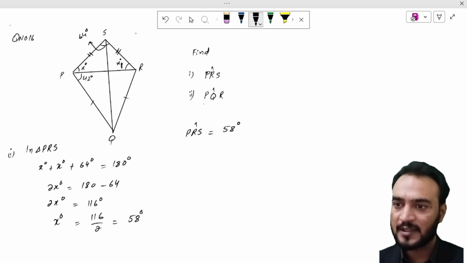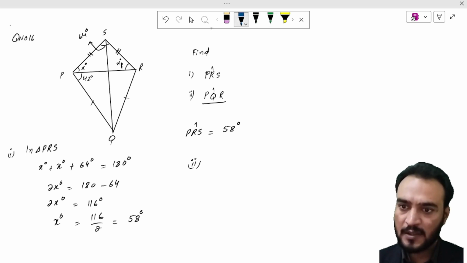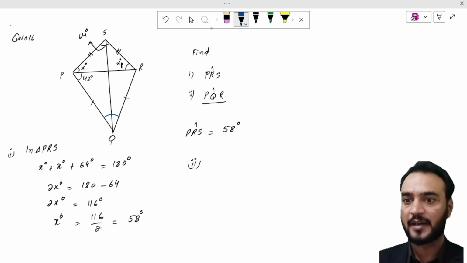Now we will find the second part, which is PQR, where the angle PQR is. This is the angle PQR which we have to find.